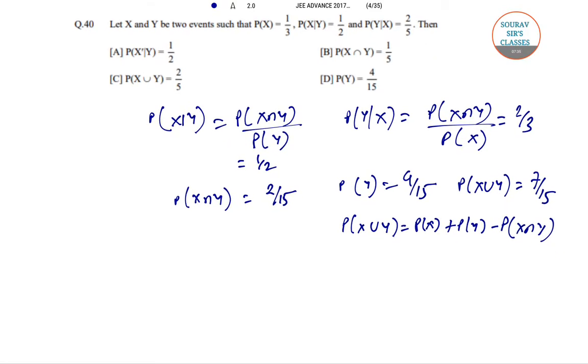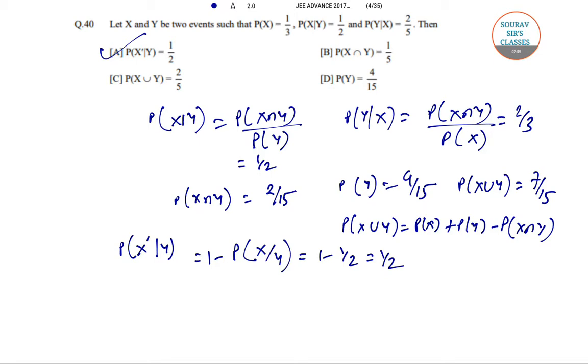So now taking the options, P(X complement given Y) means 1 minus P(X given Y), so 1 minus half equals half. Okay, so the first one comes directly.